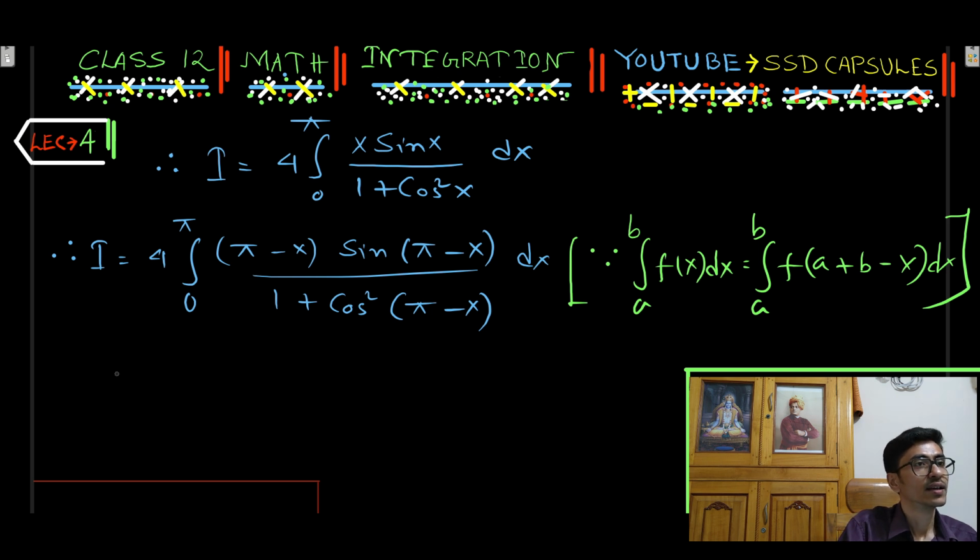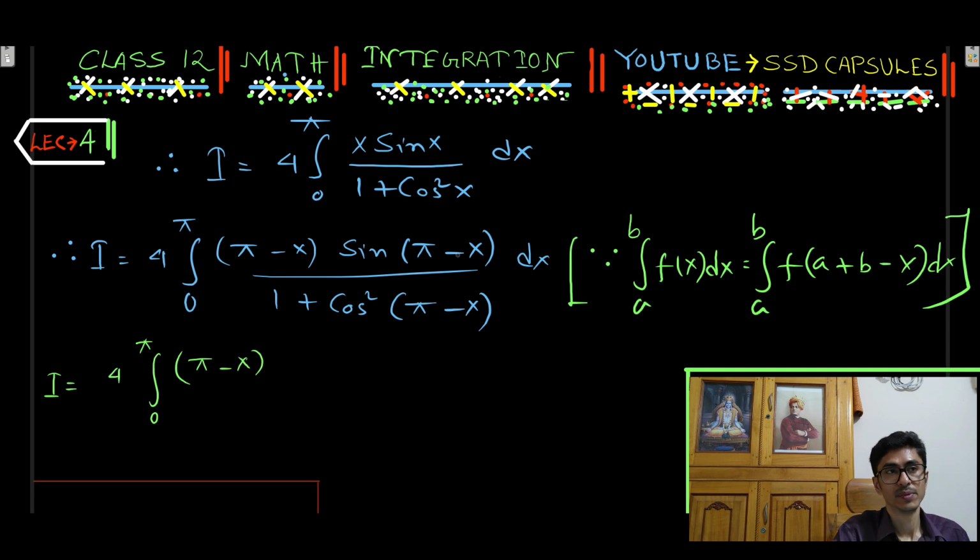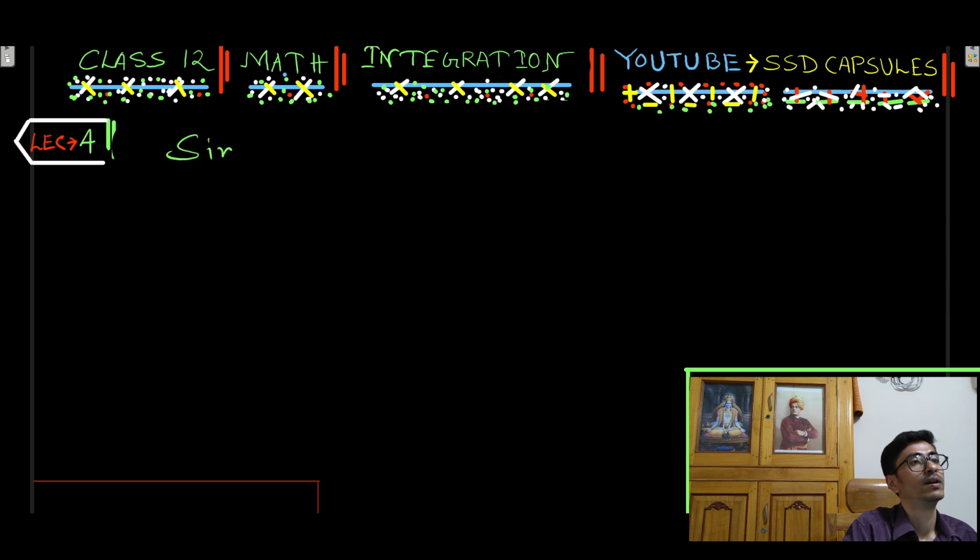So here again we will use the distributive law, but before that, I equals 4 into the integral from 0 to pi of (pi minus x) times sine of pi minus x. What does sine of pi minus x mean?